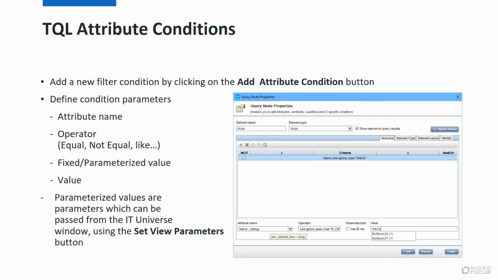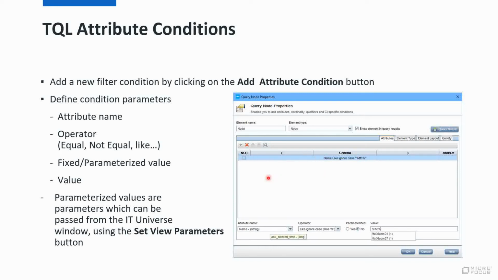You can click on and add an attribute condition, and you can define those parameters. For example, we have an attribute name. You would go ahead and click the add button to add this and then fill in the bottom section, which will then populate the row.